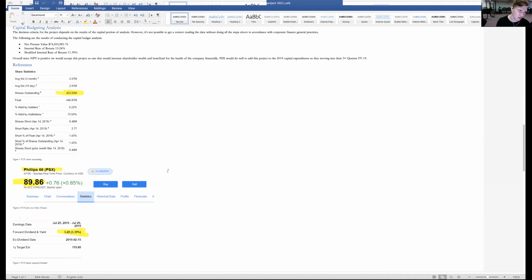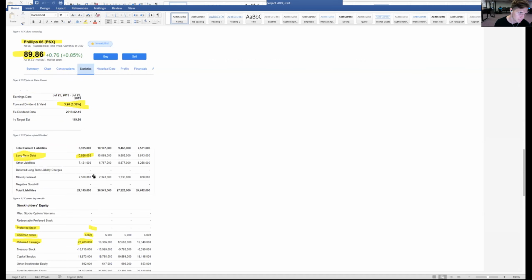And to find the market weight, you need to find the shares outstanding, which is also found on Yahoo Finance, which is 453.55 million shares outstanding. And you'll multiply that by the share price, which is $89.86. And that's how you're going to get your market cap.